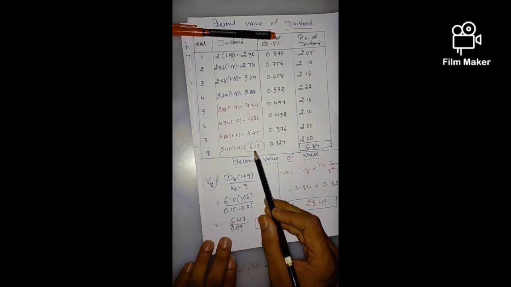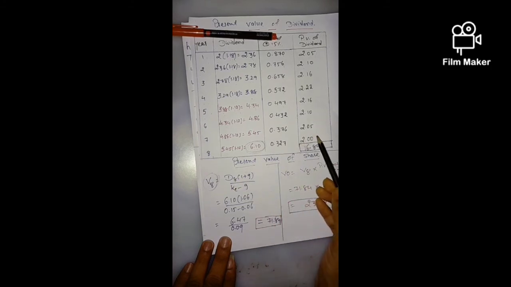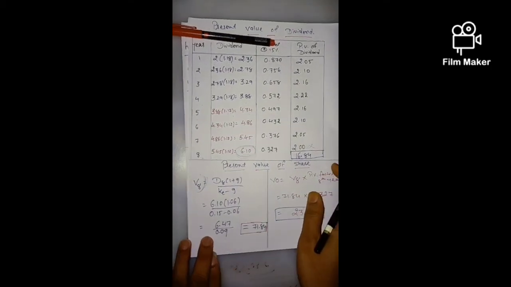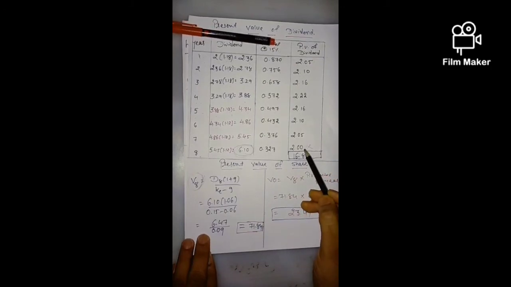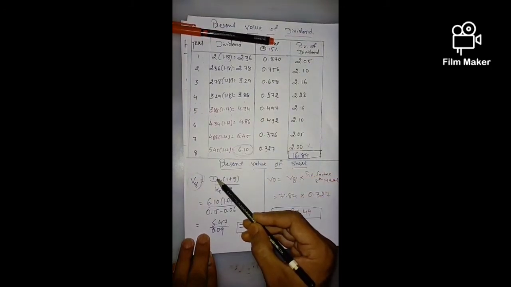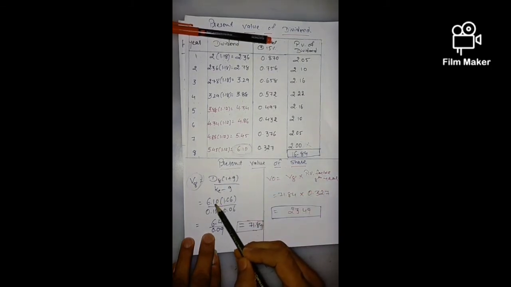Otherwise sometimes by mistake we take this 2 in place of D8, which is wrong. This is actually present value. We cannot take this, we have to take the dividend. Sometimes in the calculation, by mistake we take this last figure, but actually this is the present value of dividend. If we take it here, the whole calculation will go wrong. So whatever the last year's dividend is, we take it here.